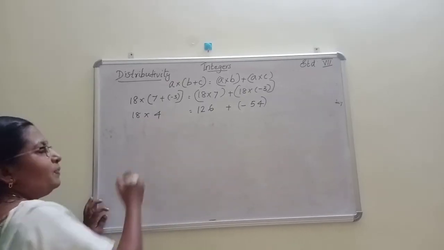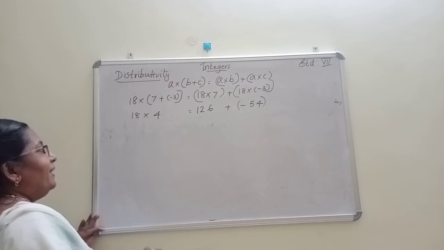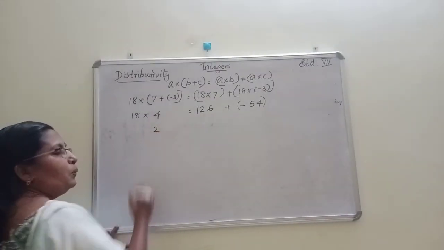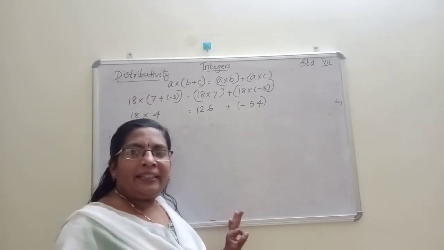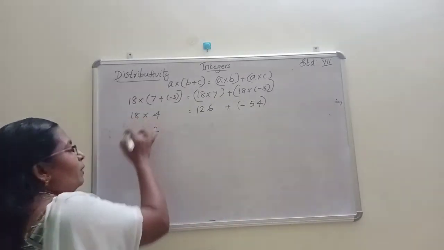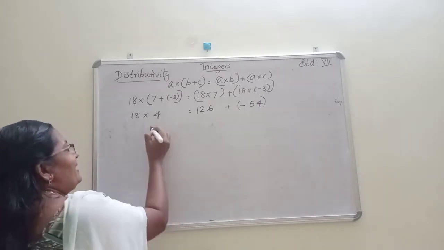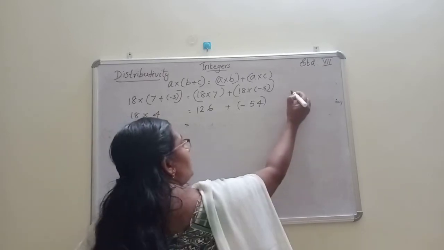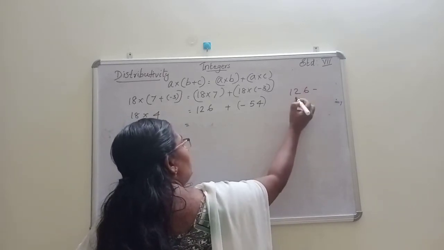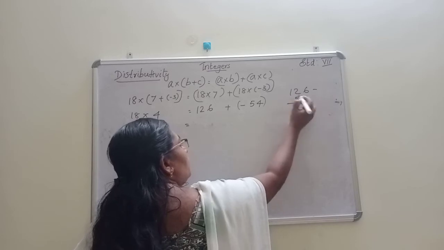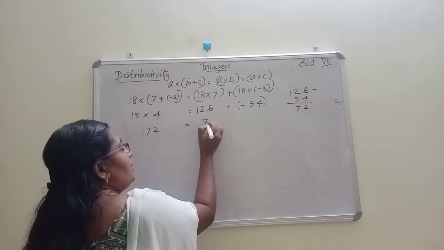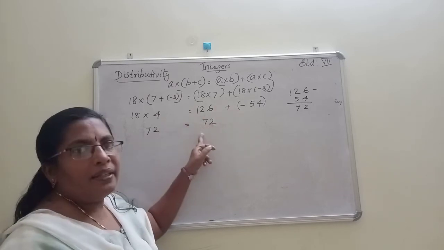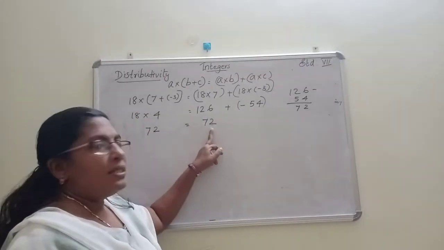Next, 18 4s: 8 4s are 32, 2. Then 4 1 is 4, 4 plus 3, 7, 72. Equal to 126 minus 54. Subtract it, 126 minus 54, 72. Here different sign, so greater number sign. See here, 72 equal to 72.